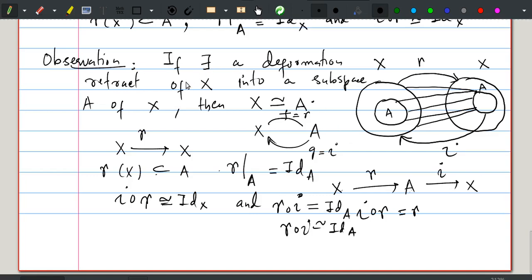From here we note that if there exists a deformation retract of a space X onto its subspace, then that space is homotopy equivalent to its subspace.